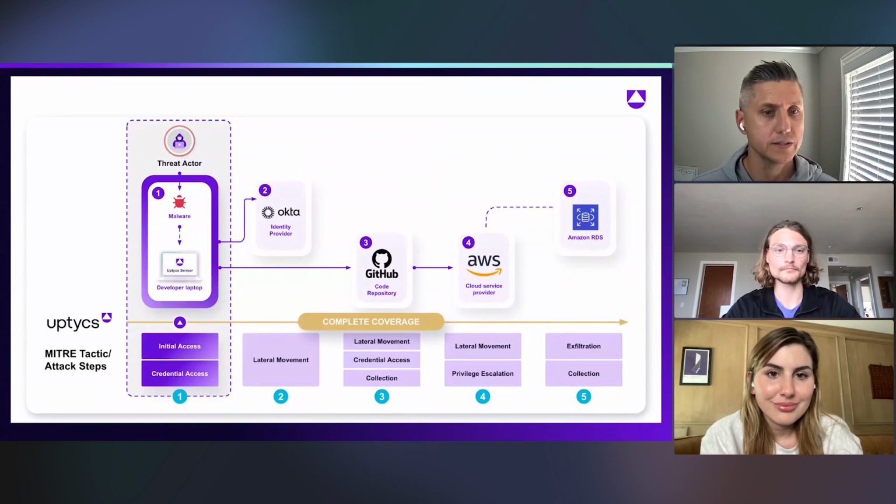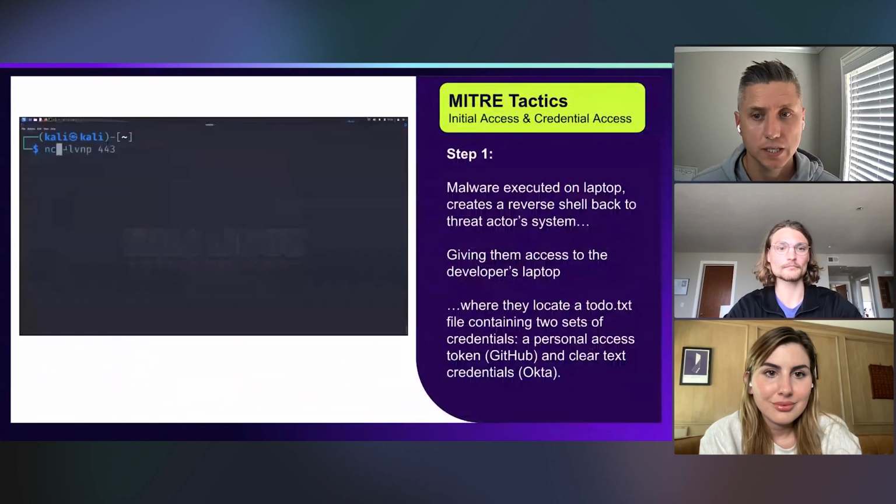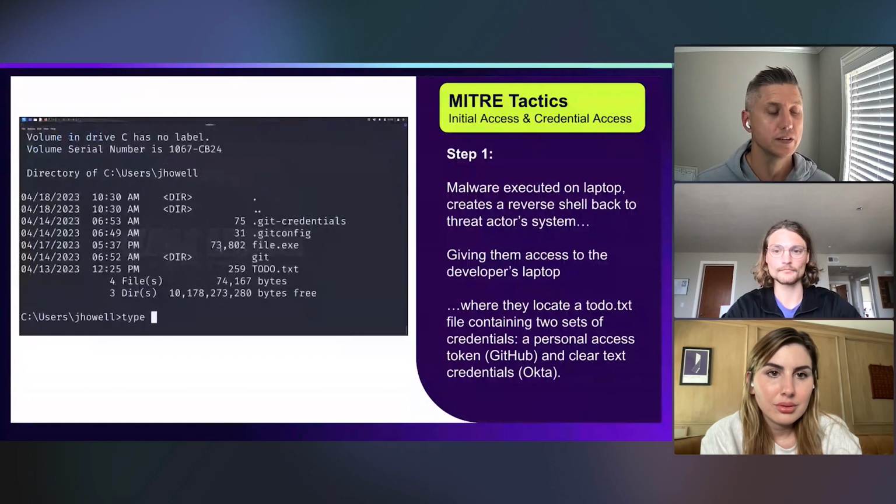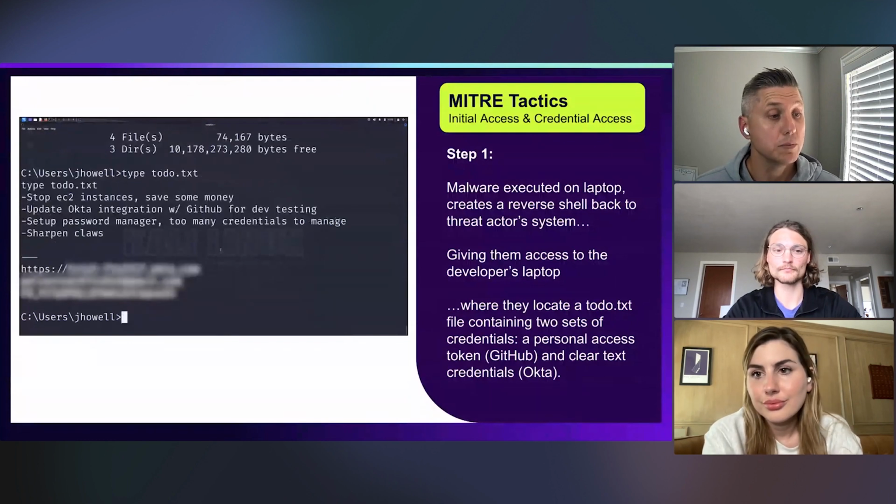what we can see in the next slide is the actual attack happening. So here's the attacker, Netcat, opening up a port, listening on 443. And essentially what this is doing is, once the developer has opened up the malware, it's created a reverse shell back to the attacker's laptop.